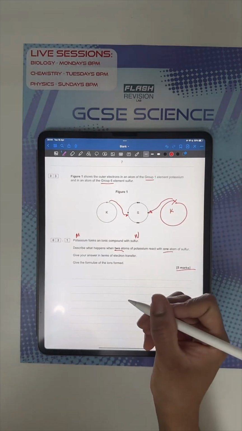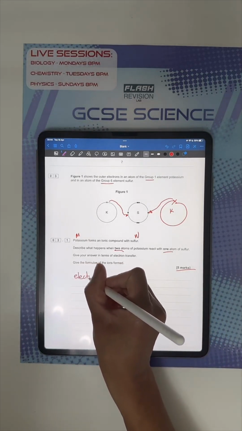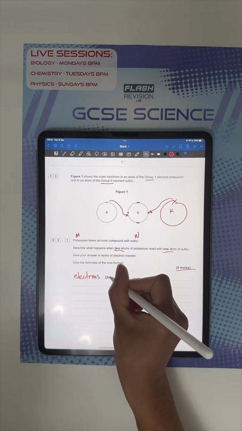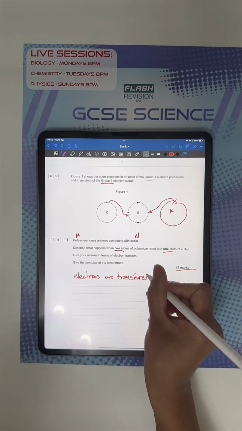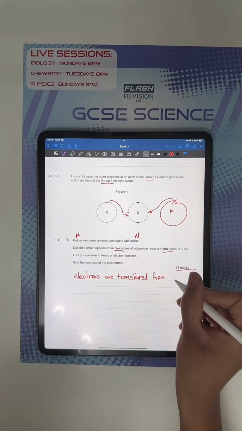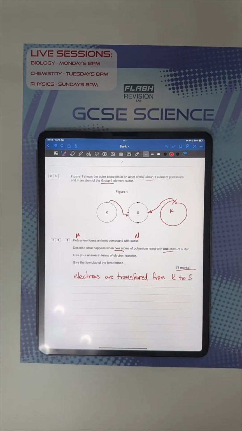So you get 1 mark for saying electrons are transferred from potassium to sulfur. So next mark is to mention 2 electrons are transferred, or 2 potassium atoms lose 1 electron each.